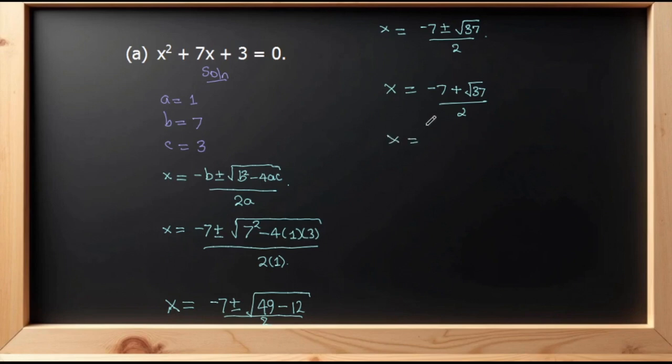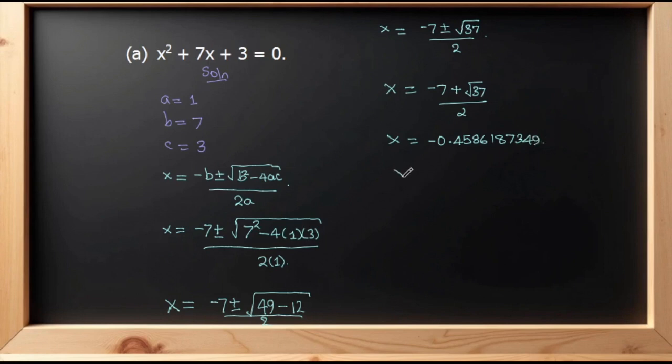Entering this into our calculator, we have negative 7 plus root 37, divided by 2, which results in negative 0.458673 4.